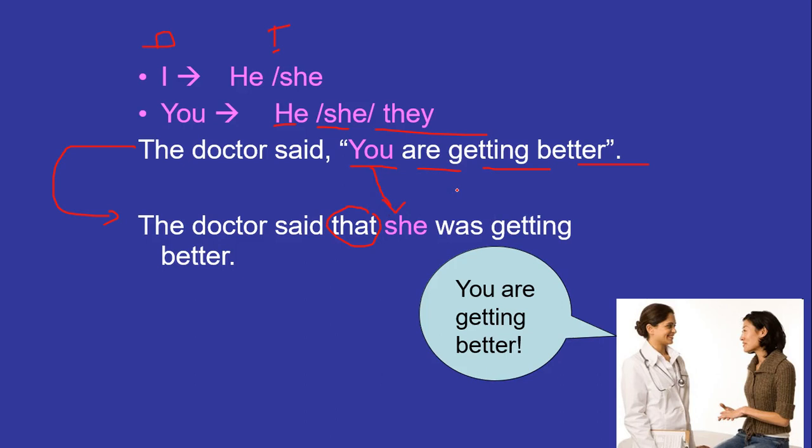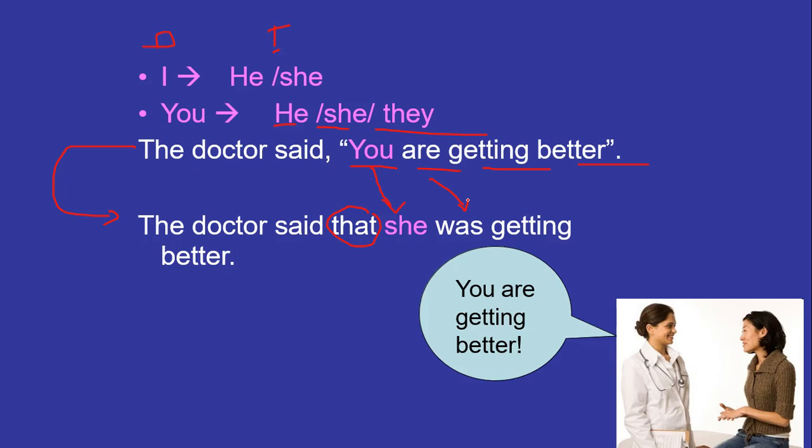"Are" changes to "was" because we have learned before that if the direct speech is in the present continuous tense, you have to change it to the past continuous tense.